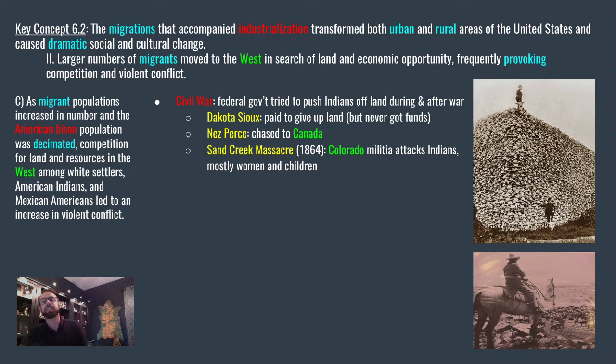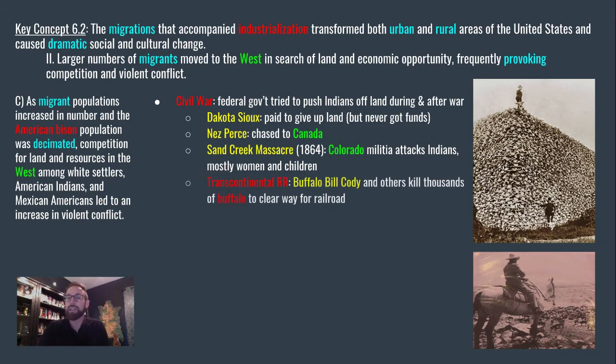Okay, so you can see there are policies from the federal government looking to just get the natives off their land tribe by tribe, but then there were kind of these blanket policies that affected many different tribes, like the Transcontinental Railroad. So understand, to build that railroad through these areas, they were going to have to go through areas claimed by different tribes, and sometimes those tribes had treaties that guaranteed them their territorial sovereignty.